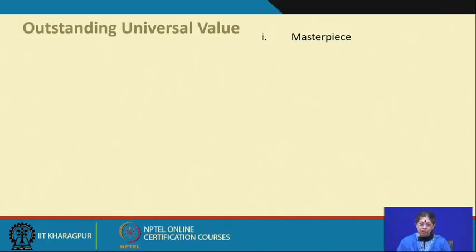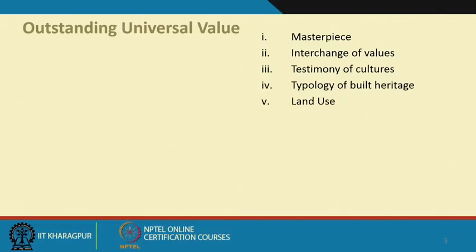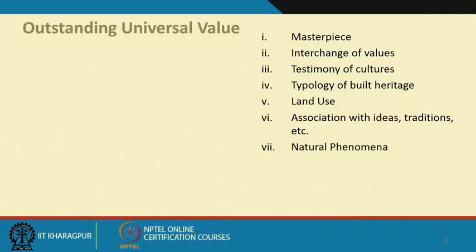Now, let us take a quick look at the 10 criteria. You must remember the very key essence of each criterion. The first was masterpiece, then the interchange of values, testimony of cultures, and typology of the built heritage, land use, association with ideas, traditions, and so on, and natural phenomena, because 1 to 6 were the cultural heritage and 7 to 10 were the natural heritage.